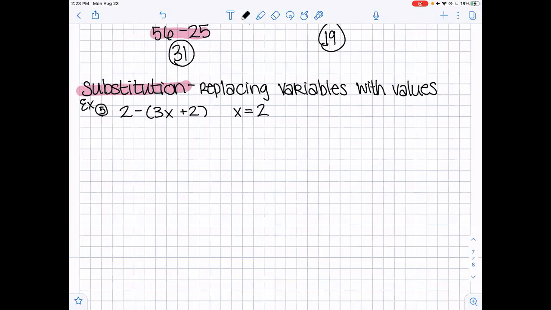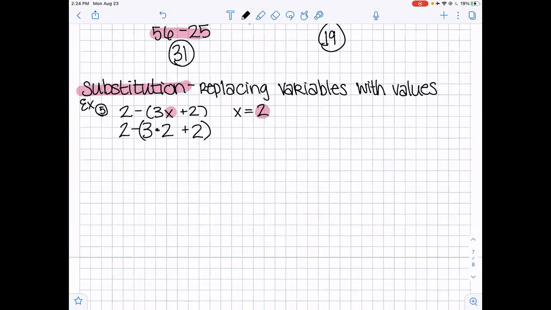So what am I gonna do before I start this problem? Put the 2 into the problem for the x, right? So right here's x, right here's the 2. So we've got 2 minus 3 times (2 plus 2). All we did was change the x to a 2.